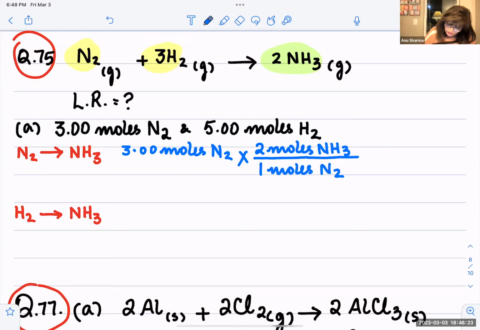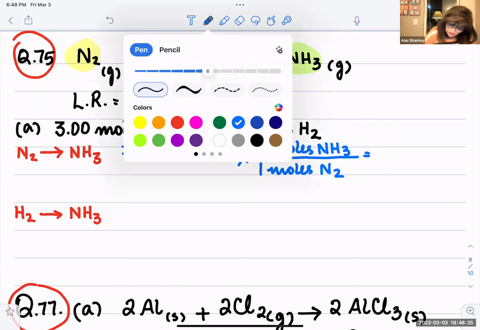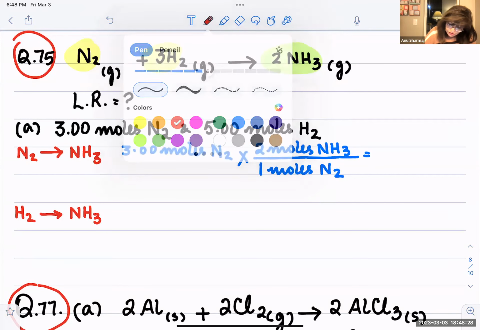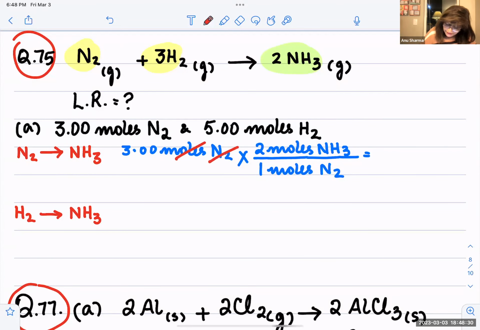So this cancels out the moles of nitrogen, and you are just left with the moles of ammonia. So 3 times 2 is 6 moles of ammonia can be produced when 3 moles of nitrogen are reacting. Okay, so that's one.